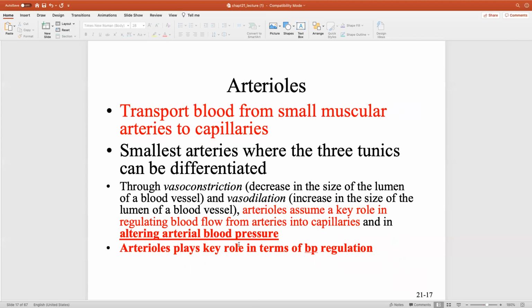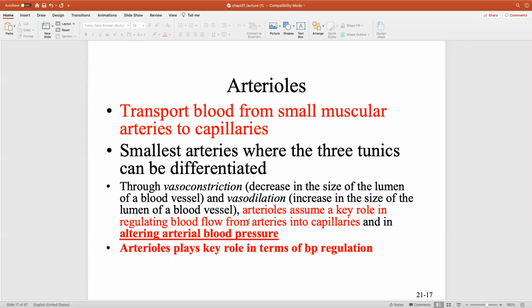Now, eventually the muscular arteries turn into arterioles. Arterioles are the big player here. They transport blood from smaller arteries to the capillaries. This is what makes them important, right? Because of the number of arterioles. There are very few elastic arteries, slightly more muscular arteries, and tons of arterioles, right? They can vasoconstrict and they can vasodilate, just like the muscular arteries.